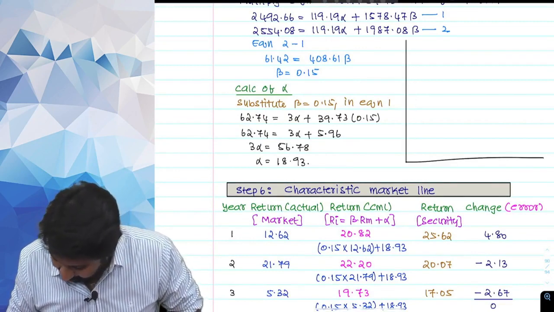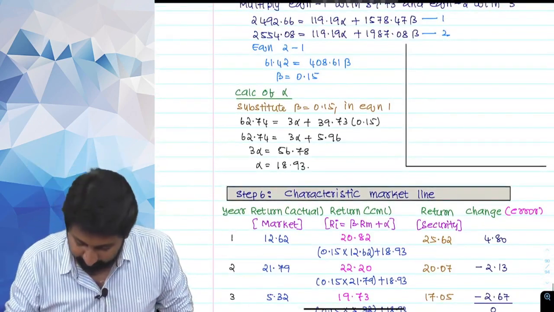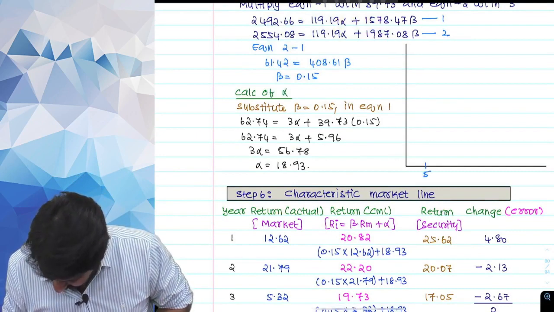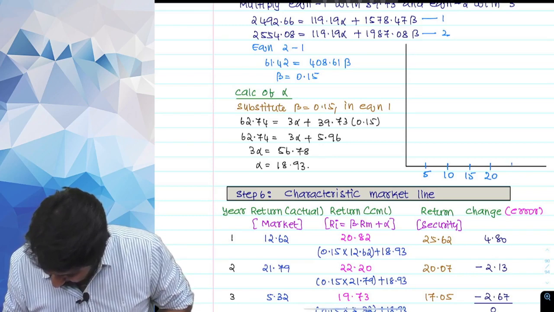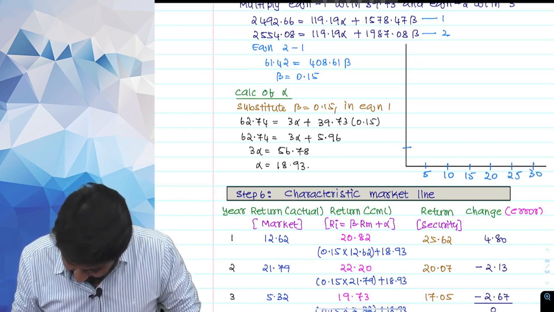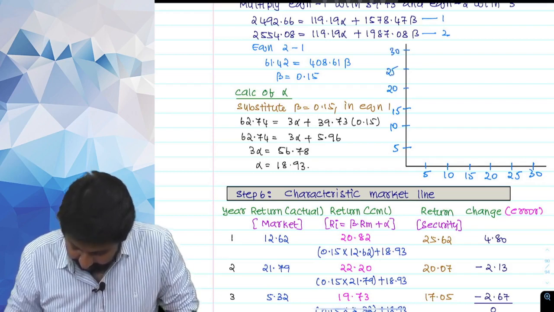I want every one of you to stay properly and listen carefully. See here. 5, 10, 15, 20, 25, 30.